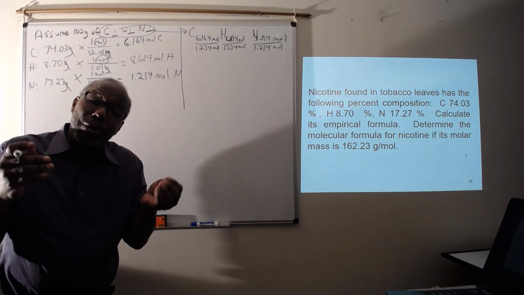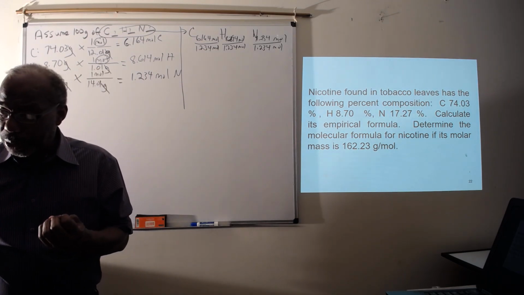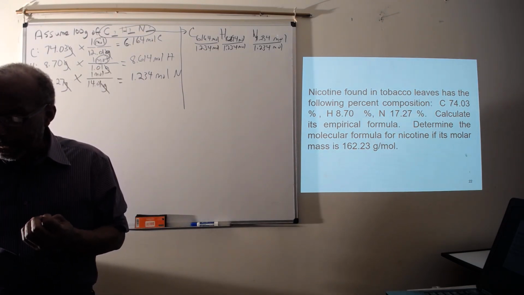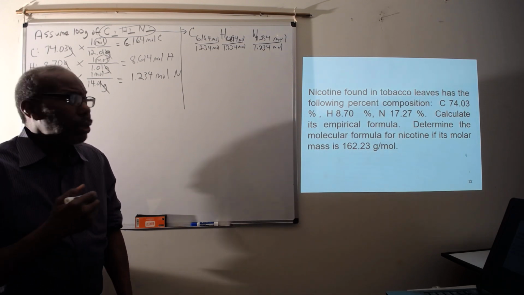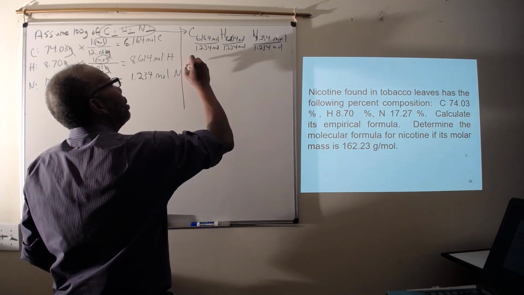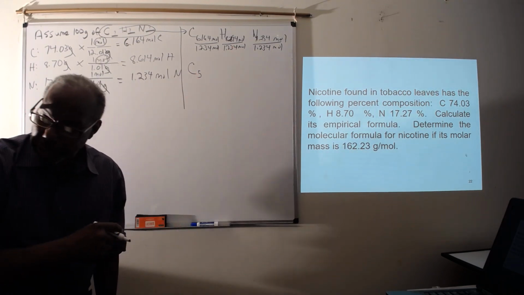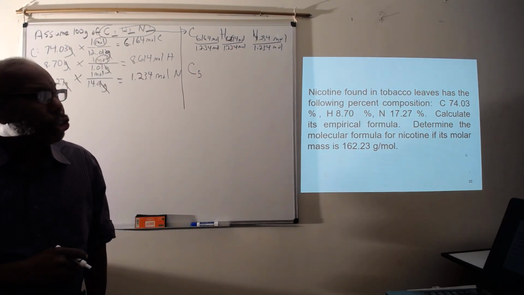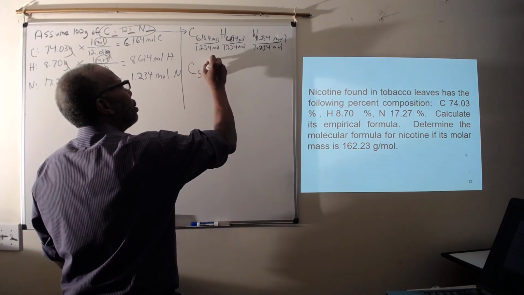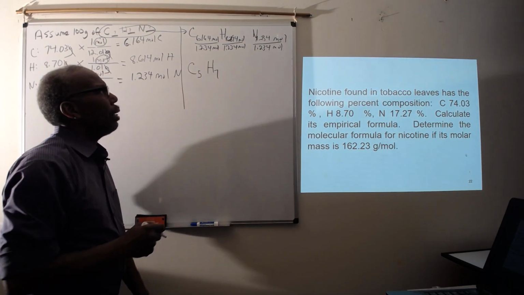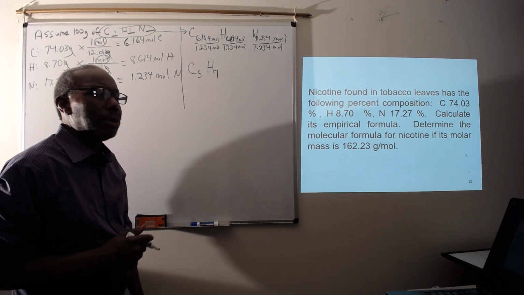Now we may have to do another step to get that, but let's see what that yields. That will give us C5, and that looks like it's going to be H7, and of course that's going to be N1.